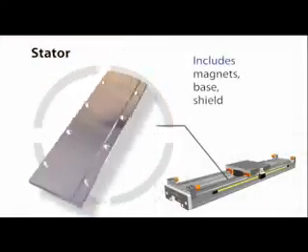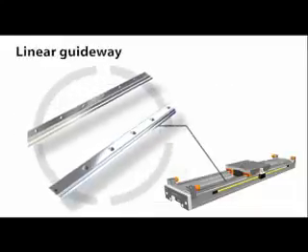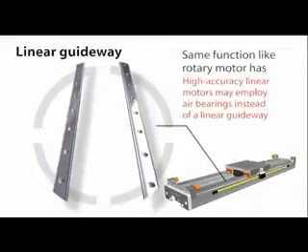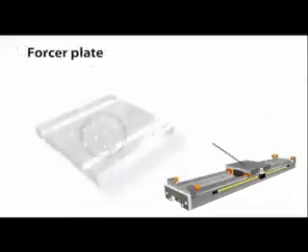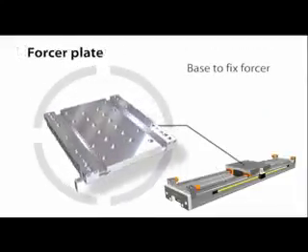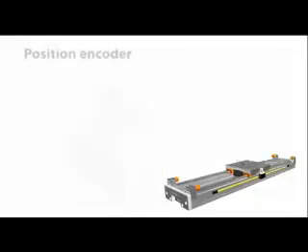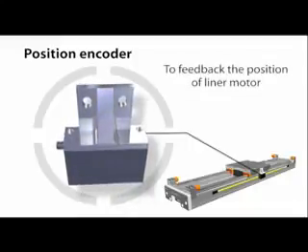This is also the secondary side and includes magnets, a base, and a shield. The guideway functions similarly to the bearings in a rotary motor, enabling the linear motor to perform linear movement. Forcer plate, the base on which the mover is mounted. The position encoder provides feedback concerning the position of the linear motor and enables precise control.